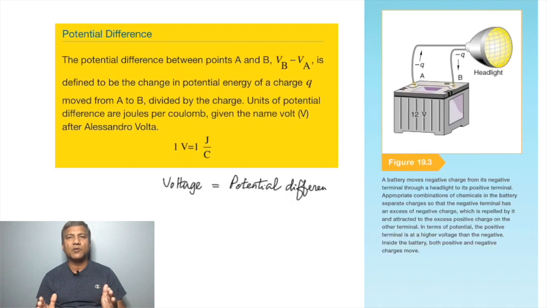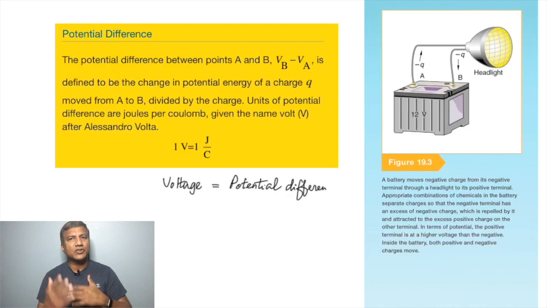So we say that the potential difference between the negative and the positive is 12 volt. In electrical terms, the negative terminal is always considered to be ground, and ground is considered to be at 0 volt.